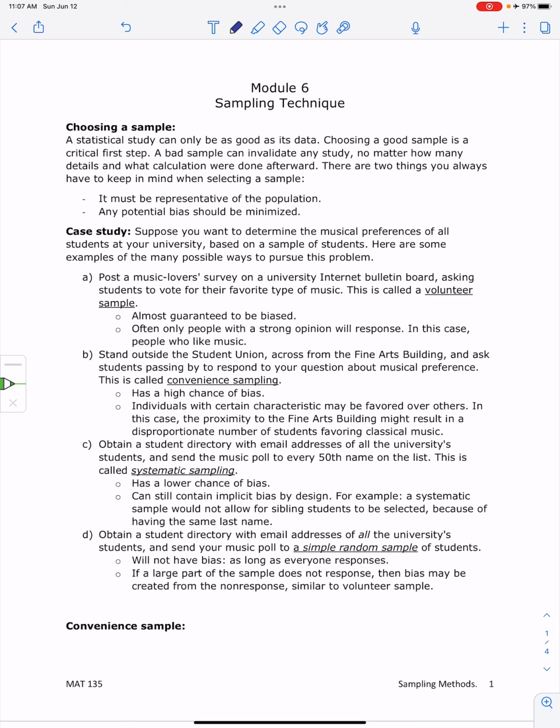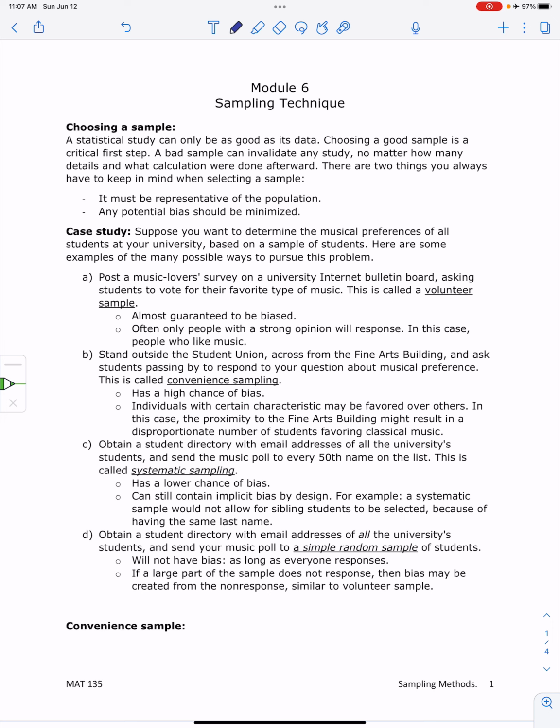Some sampling methods will produce samples that are more representative than others. Sometimes that can be helped and sometimes it cannot. What's important is that you acknowledge the flaws in your sampling technique and where you may have some issues.